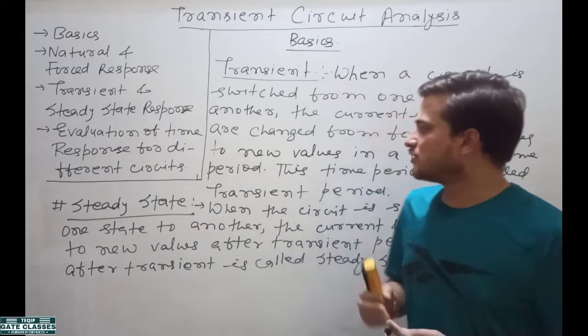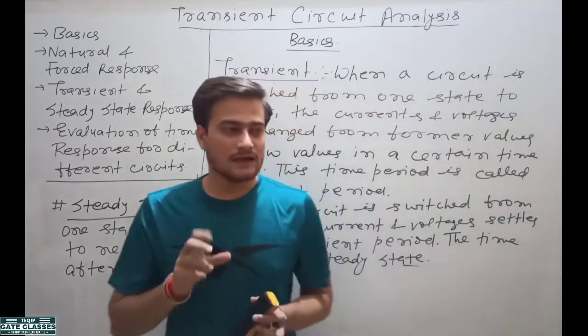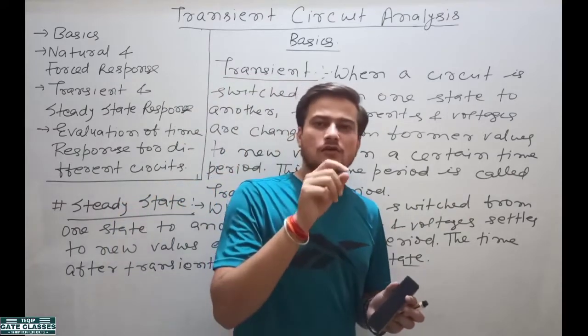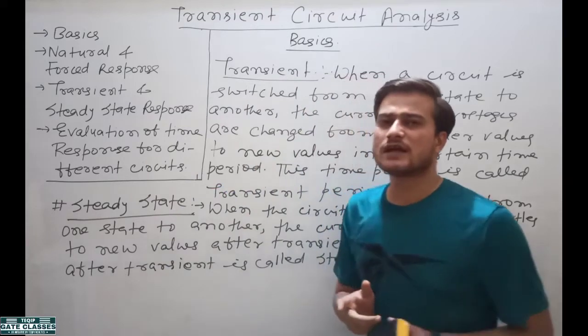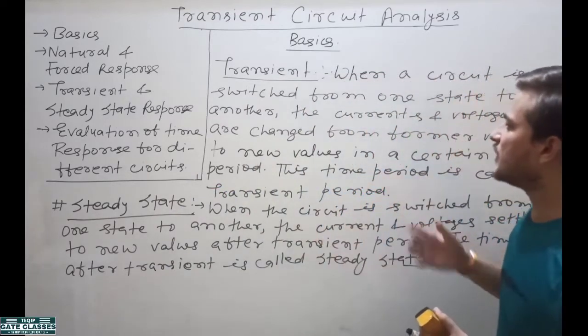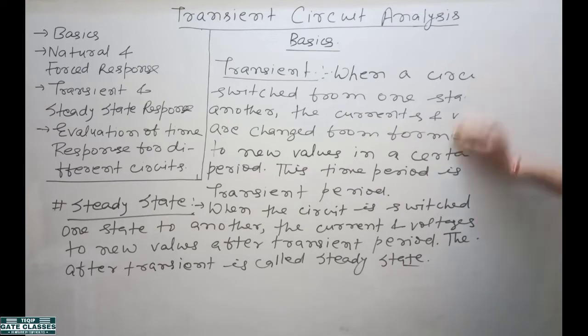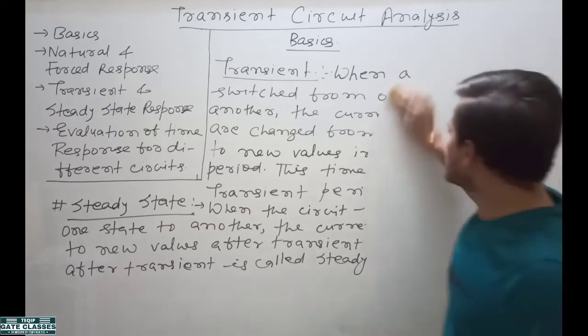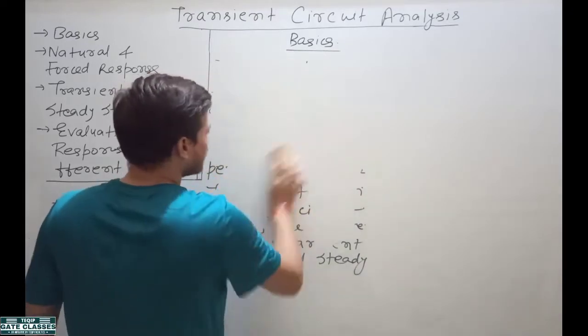Clear? So if there is some sudden change in the circuit, then you will see that it takes some time to settle to new values. So this time period is called transient state, and after transient the next state is called a steady state. Clear? So in a steady state the value is constant, and in transient state the values are changing. Clear?